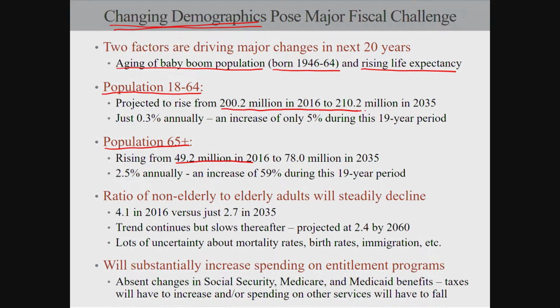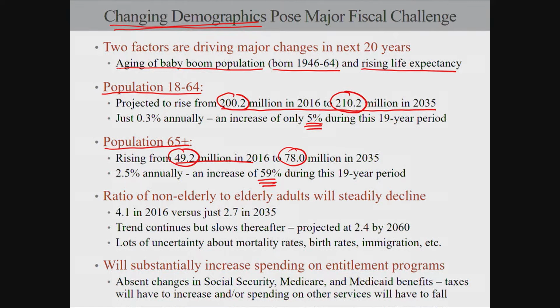The projections from the US Census Bureau are that the number of non-elderly adults will increase by just 5% over this period, from 200.2 million to 210.2 million. That is a relatively small increase when compared with the increase for those 65 and up from 49 million to 78 million, an increase of 59%, versus only 5% for people 18 to 64.